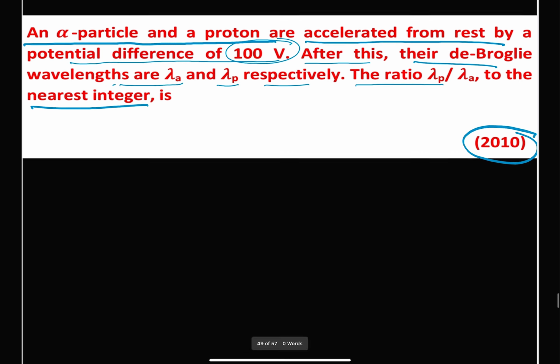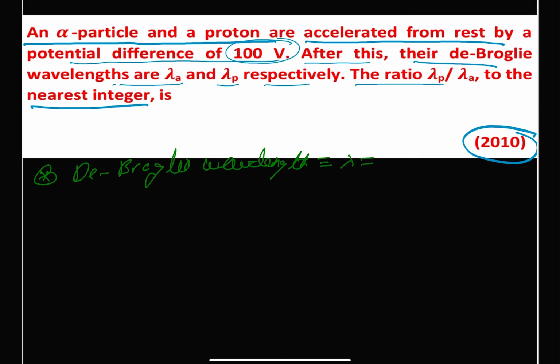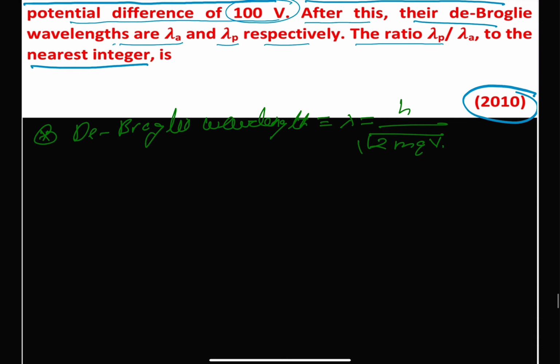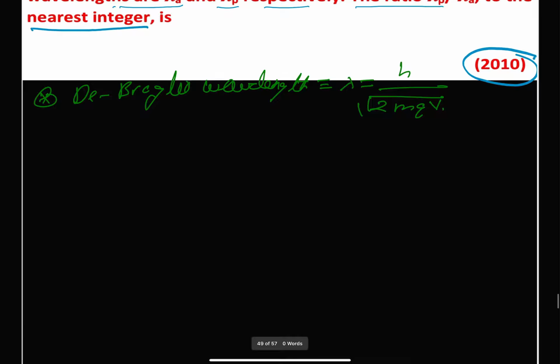And the general formula for our de-Broglie wavelength, that is lambda, is equal to h upon square root of 2 m q multiplied by V. V is the potential difference, which in this case is 100. We can just divide this formula into two parts and find the ratio.